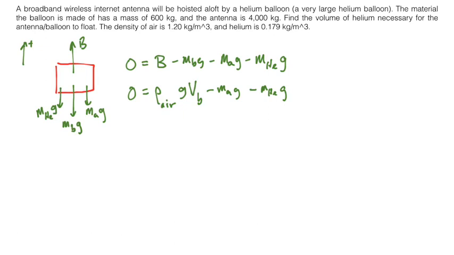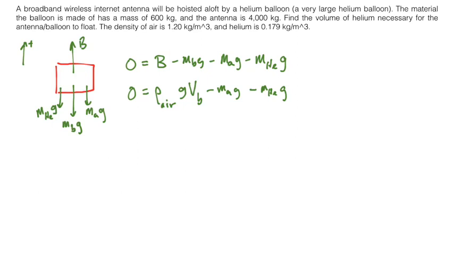Well, volume of the balloon and the volume of the helium will be the same. But there's something else here that depends on that amount of helium we have in the balloon. The mass of the helium, right? As we inflate and increase the volume of the balloon, we increase the mass of the helium in the balloon, don't we?